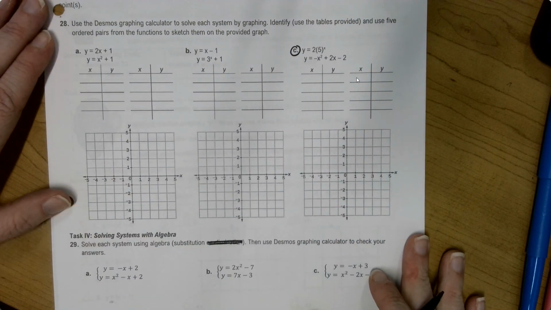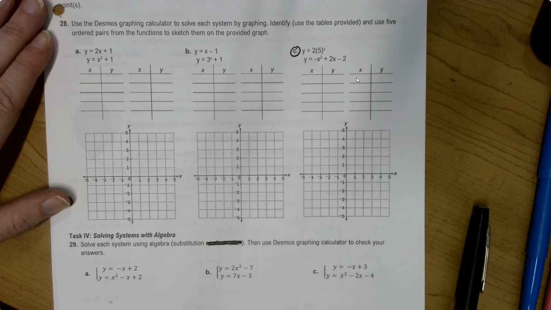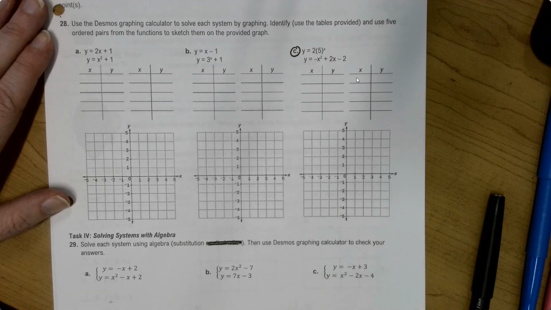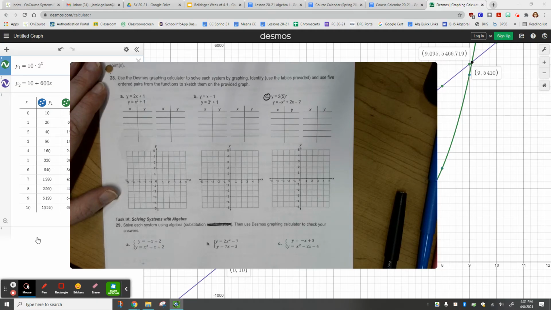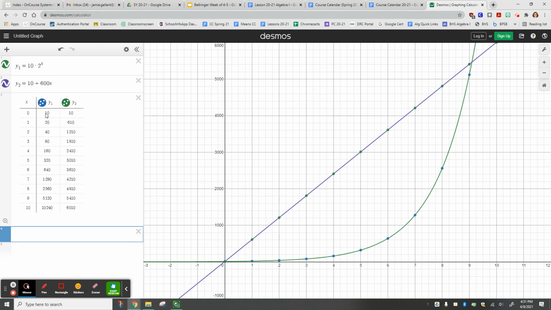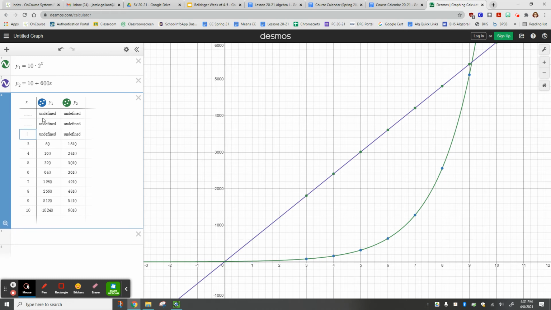So 28 says, use the Desmos graphing calculator to solve each system by graphing. Use the tables provided and use 5 ordered pairs from the functions to sketch them on the provided graph. So what I'm going to do is change this and delete some of this.